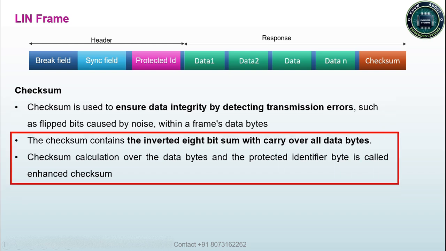There are two different ways of calculating checksum based on the LIN version. We have LIN versions: one is the classical version and one is the enhanced version. Based on your requirement and your LIN setup, we can calculate the checksum. It is nothing but an inverted 8-bit sum with carry of all the bytes.